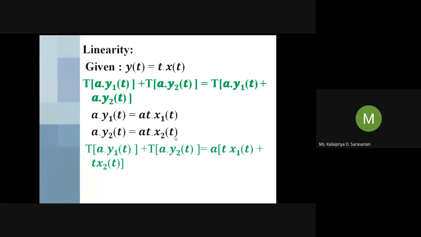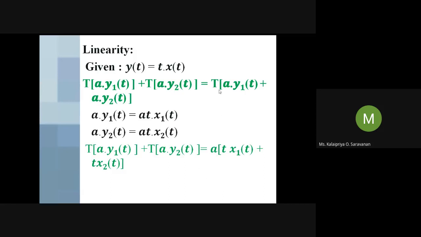Now y1 of t and y2 of t are not two different signals. These are the same signals at two different time instants. So calculate the transformation on a y1 of t plus the transformation on a into y2 of t. You will get these two values summed up. If you take a as common, you get t into x1 of t plus t into x2 of t. This is your LHS.